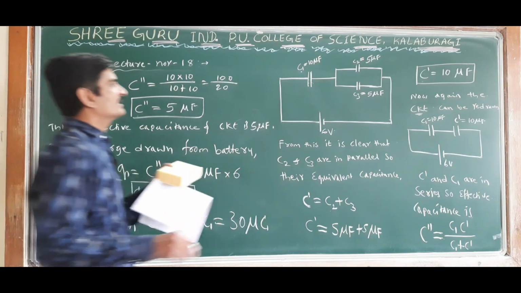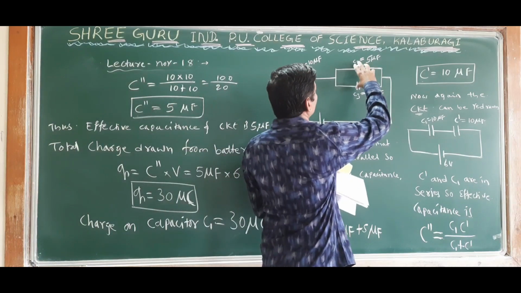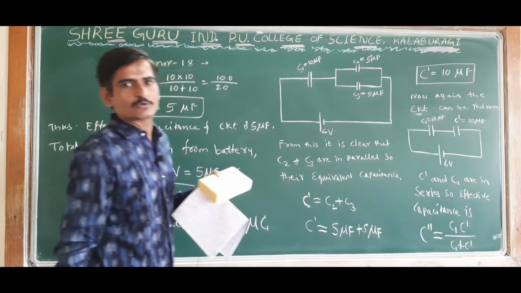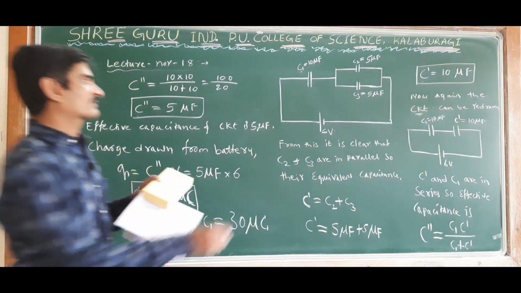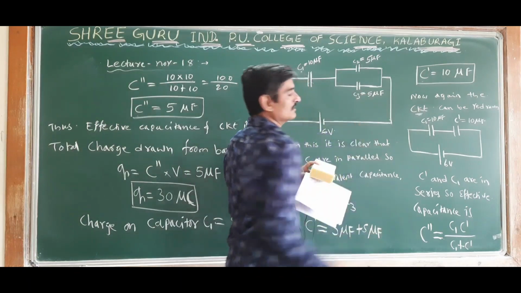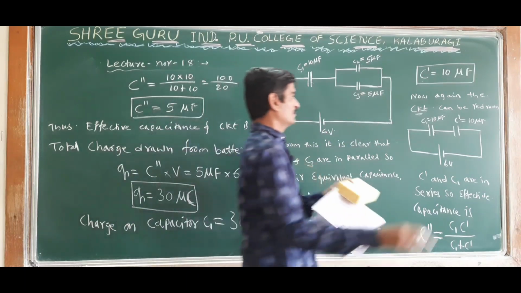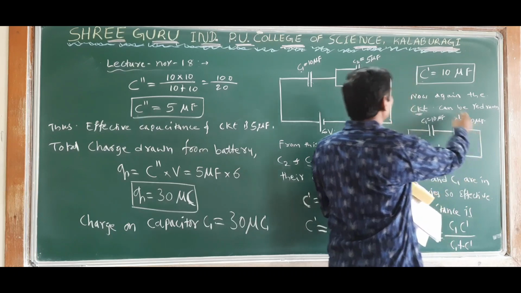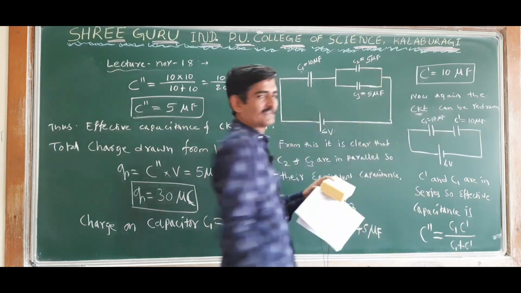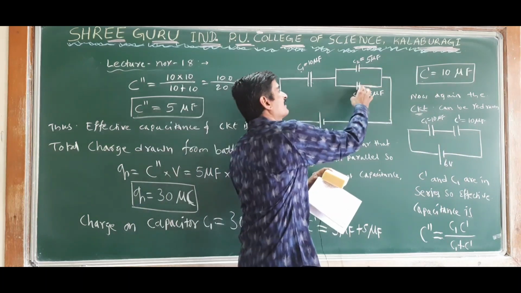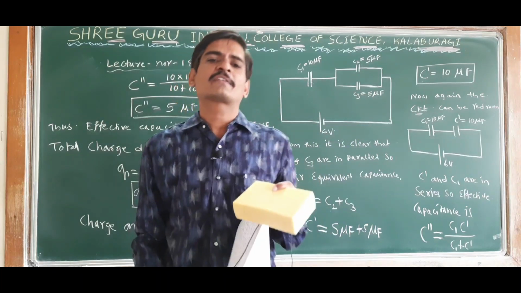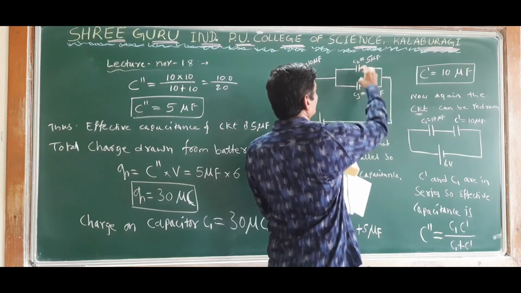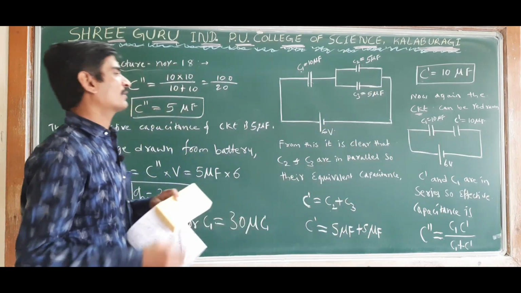And now here the 30 microcoulomb is divided to these two capacitors C2 and C3. In the series combination, charge will remain same. So here also 30 microcoulomb, and this C dash is nothing but effective capacitance of C2 and C3, and C2 and C3 are in parallel. Understood? So that 30 microcoulomb is distributed among C2 and C3.